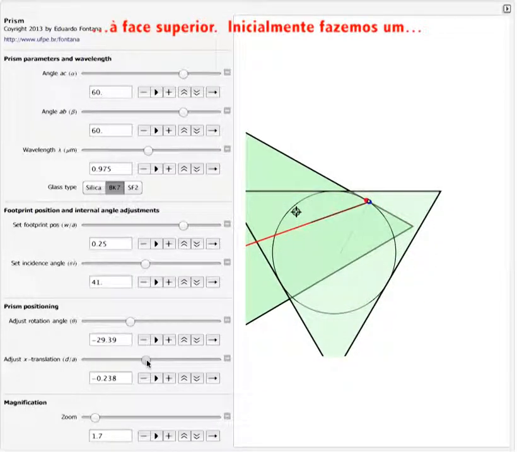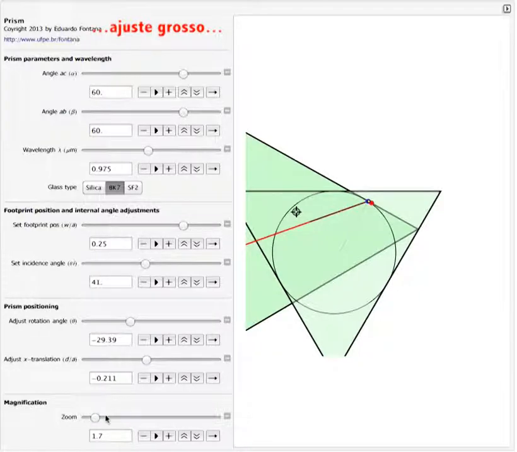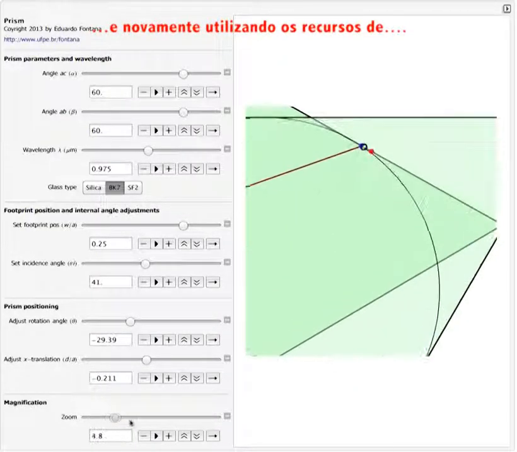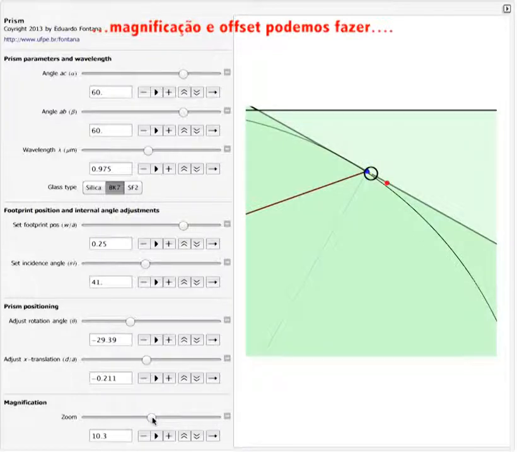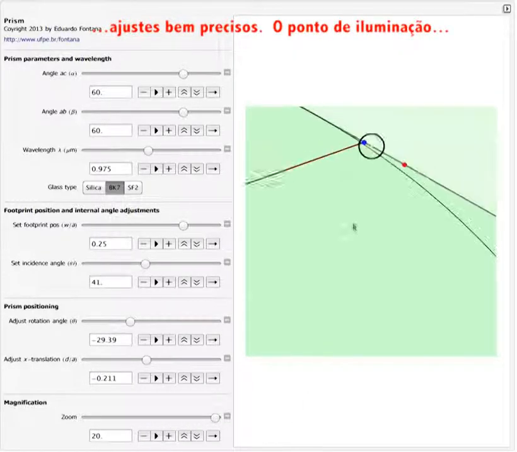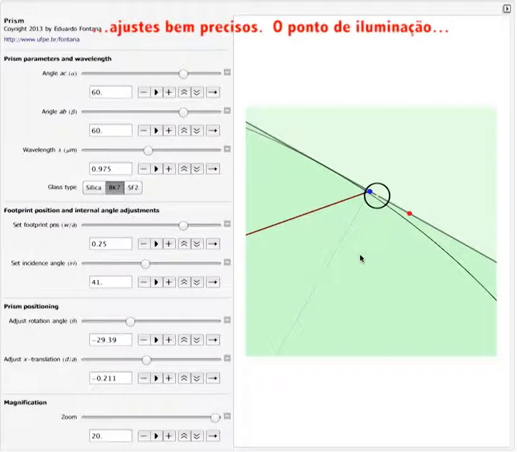We first make a rough adjustment, then again by using magnification and offset we can make very precise adjustments. The footprint position is expected to occur at the center of the open circle, which is the position predicted by the theoretical formulation.